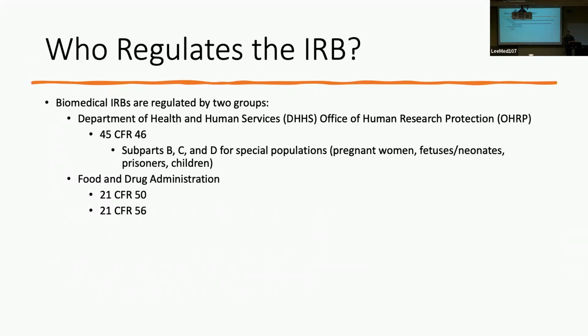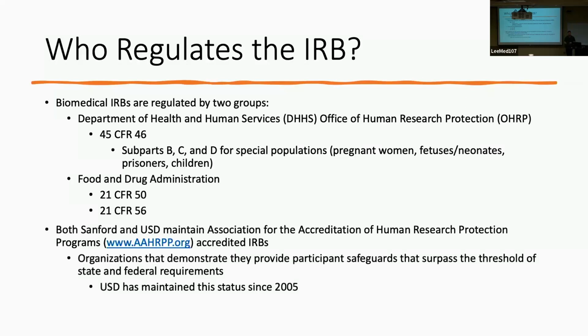University of South Dakota and Stanford have gone above and beyond that. We both maintain accreditation from a group known as the Accreditation of Human Research Protection Programs, or AHRP. So these are a group of universities that have been accredited by another agency, this AHRP agency, after you've demonstrated that you provide safeguards that meet or surpass the threshold of state and federal requirements, depending on what those requirements are.